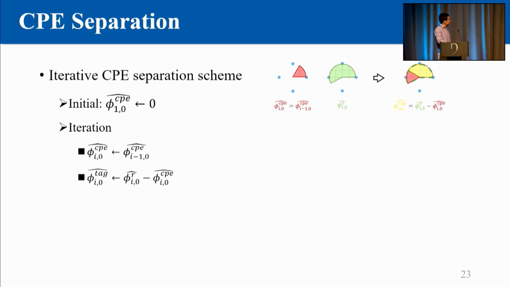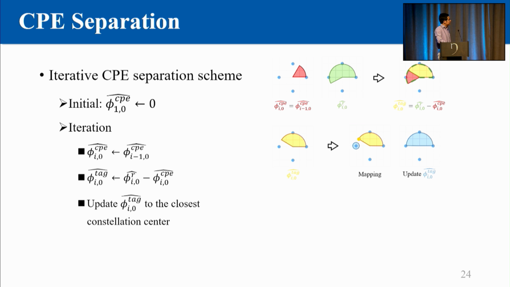The yellow sector is the tag phase, which equals the phase of zero subcarrier minus CPE. Next, we update the tag phase to the phase of its closest constellation center. The blue sector is the closest to our yellow sector, so it becomes our new tag phase, and we get the tag data of this symbol.